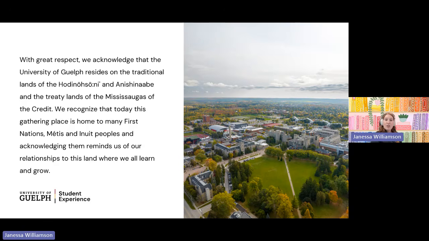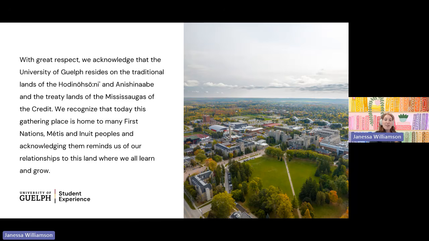As we begin our workshop, I just want to take a moment to recognize the land on which we gather. So today you might be from across the province of Ontario, from across Canada, or maybe even you're joining from elsewhere. I am at our University of Guelph campus on the traditional territory of the Haudenosaunee and the Anishinaabe, on the treaty lands of the Mississaugas of the Credit.